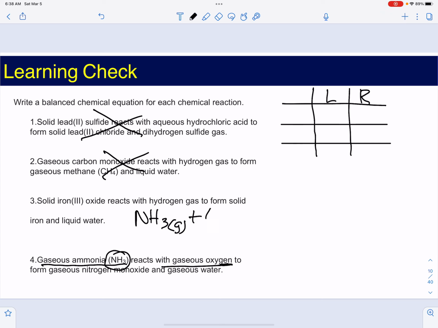So it's diatomic, and we know it's a gas, to produce or to form gaseous nitrogen, N2 again, so it's diatomic, plus gaseous water.